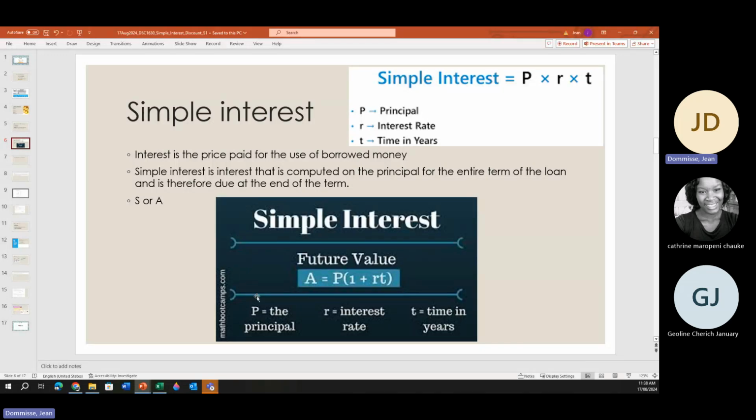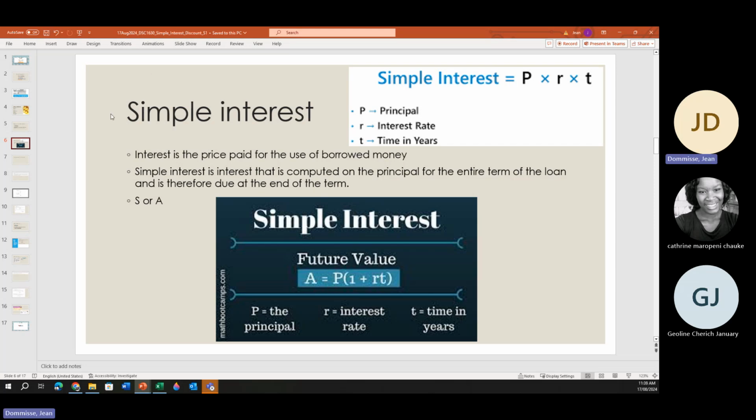Basically, if you need to calculate the end value, your future value or your S, it will be a calculation where you take the current principal value and multiply it by the interest rate and time period.